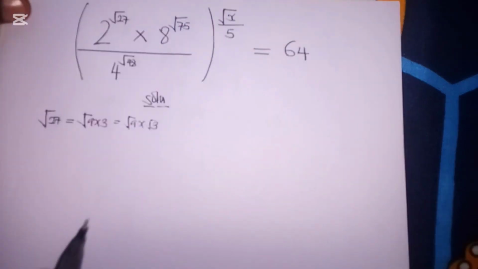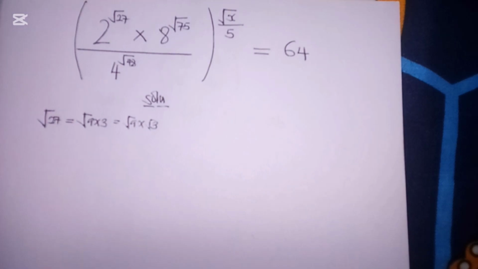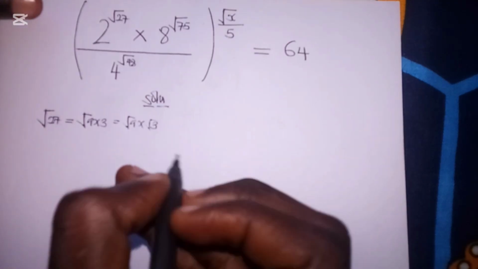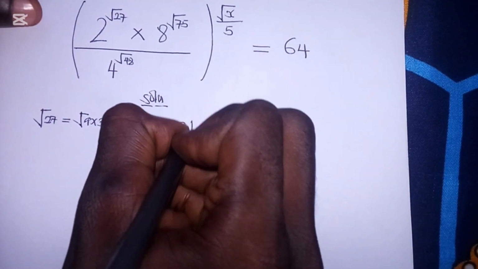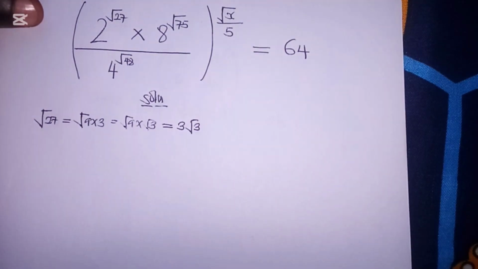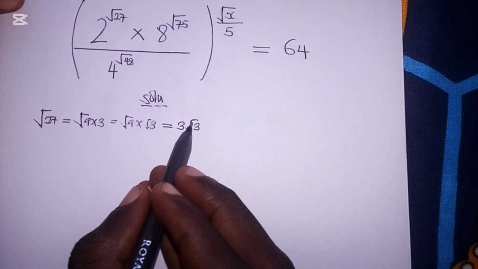The square root of 9 is 3, so this becomes 3 root 3. So now we have expressed root 27 in this form.